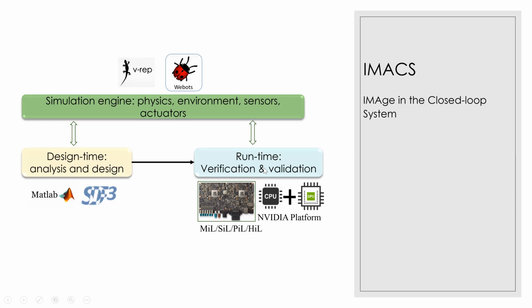You could also do runtime verification and validation by writing your code, for instance, on a platform like NVIDIA, and doing processor in the loop or hardware in the loop simulations. Currently IMACS is open sourced for both VREP and VBOT's simulation engines. We do our controller design using MATLAB, and you do the timing analysis using STF32.